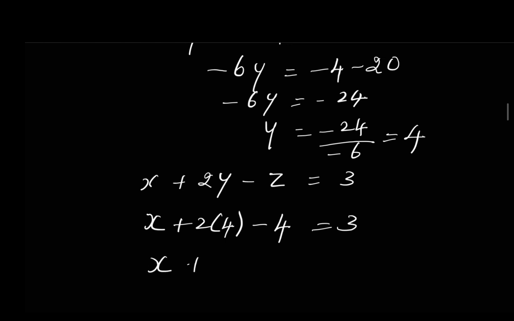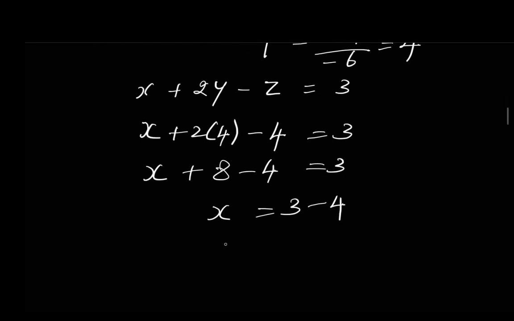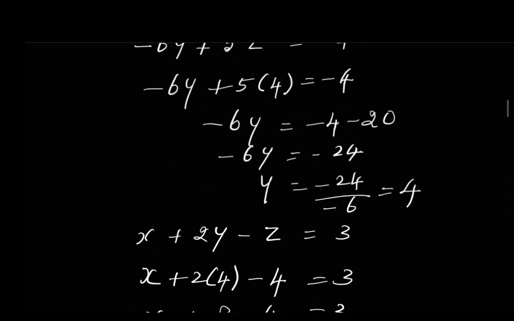So x plus, 2 4s are 8, minus 4 is equal to 3. So x is equal to 3. 8 minus 4 is plus 4. So when it goes to the other side, it is minus 4. So x equal to minus 1. So the value of x is minus 1 and value of y is 4 and the value of z is also 4. So this is the answer.